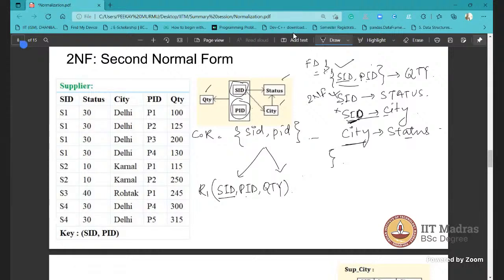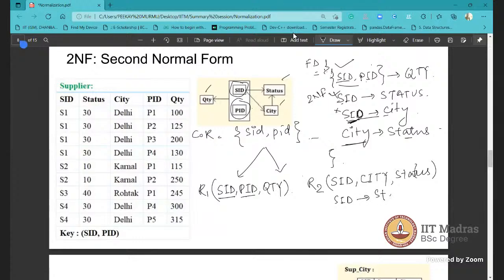So these two are the candidate key, and the second, R2, you get the SID, PT status. So here, what are the functional dependencies?